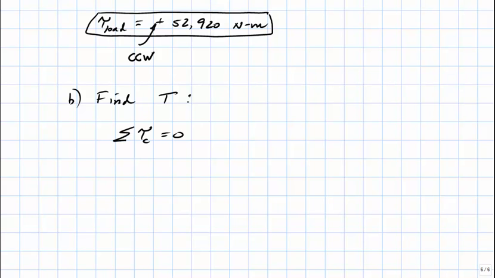And so we'll emphasize that we are evaluating the torque with respect to the center of rotation, which is labeled as C.